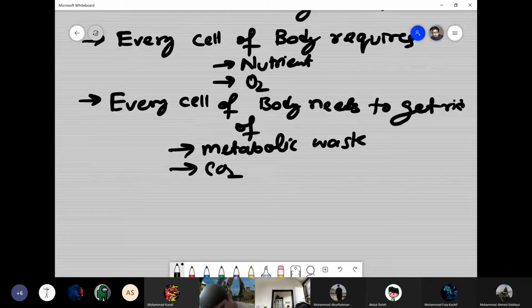Now, for transporting nutrients and oxygen to the cells, and for transporting metabolic waste and carbon dioxide from the cells, it requires a transport system.